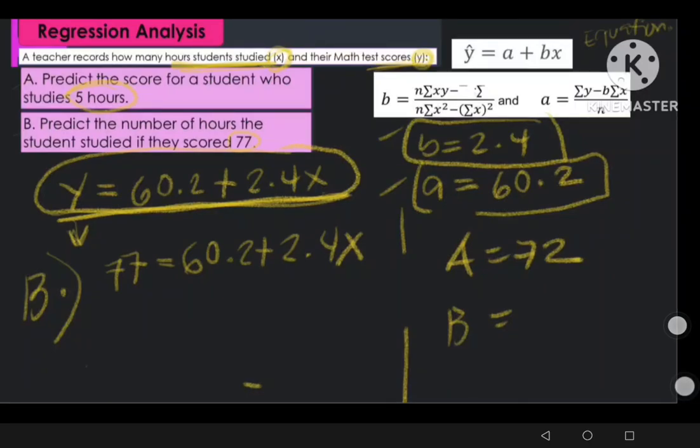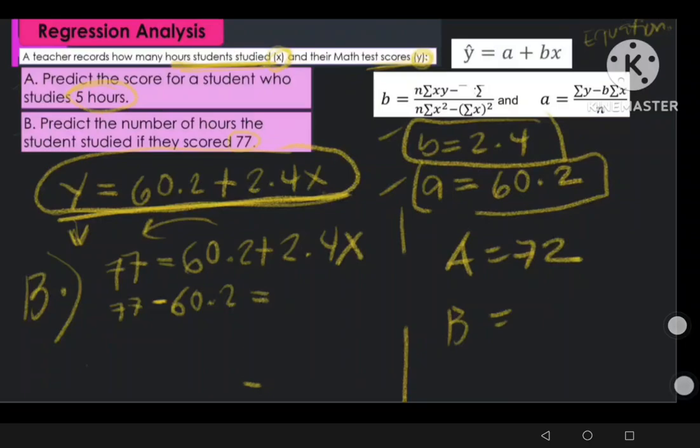So what do we do next? We transfer the 60.2 across the equal sign, so 77 minus 60.2, and 2.4x remains.